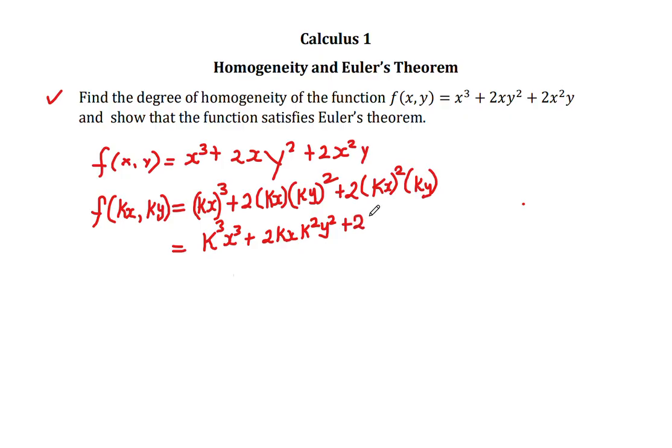So here I will get 2. When we raise kx all squared, we'll get k squared x squared, and I'm going to write back the ky that is out there in the bracket.